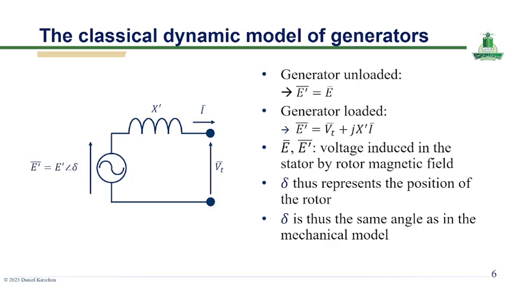When the generator is unloaded, the internal voltage E prime is equal to the induced voltage E. However, under load, E prime is determined by the terminal voltage VT plus the voltage drop across the transient reactance, which is equal to jX prime I. Both E and E prime represent the voltage induced in the stator by the rotor's magnetic field, while the angle delta indicates the rotor position.